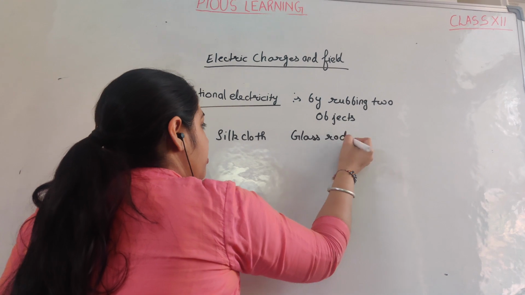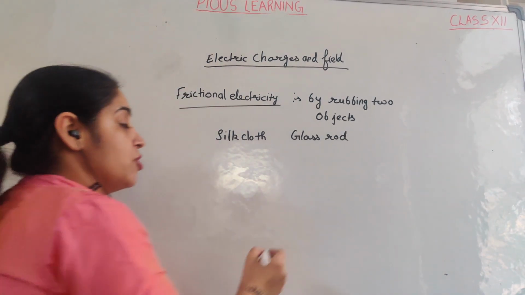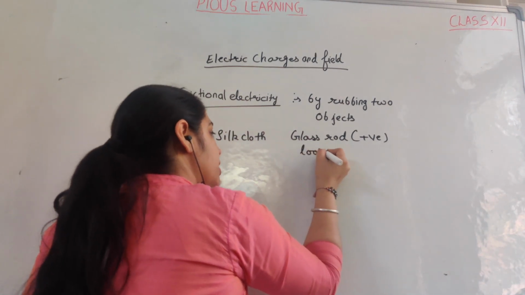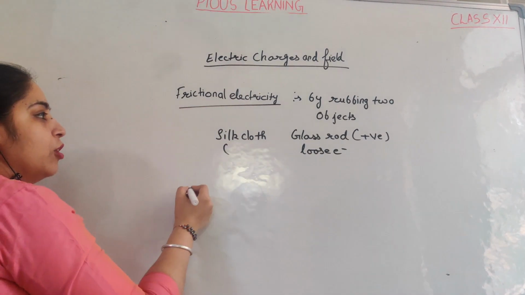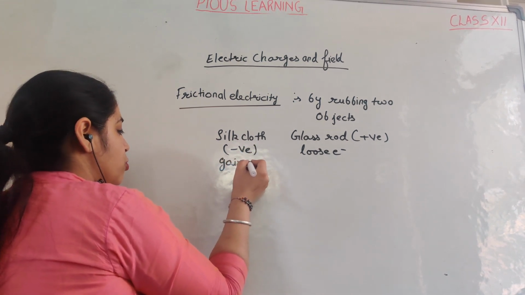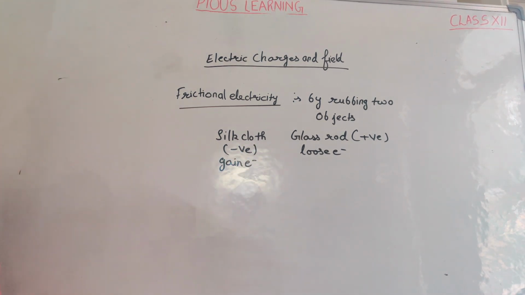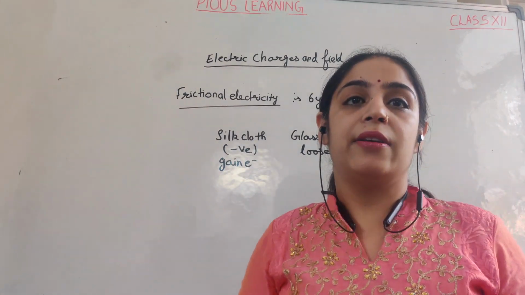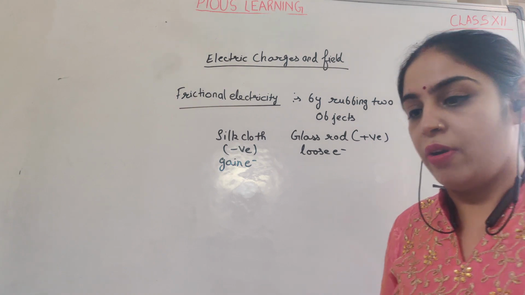You can take the example of silk cloth and glass rod. When you rub the glass rod with the silk cloth, the glass rod will acquire positive charge because it will lose electrons, while the silk cloth will acquire negative charge because it will gain electrons. You can take some more examples, like fur or cat skin rubbed with the ebonite rod.